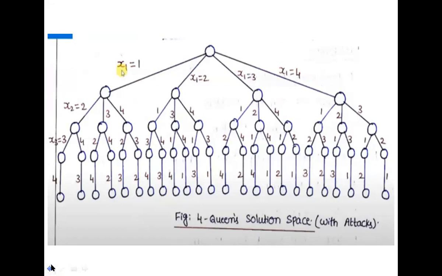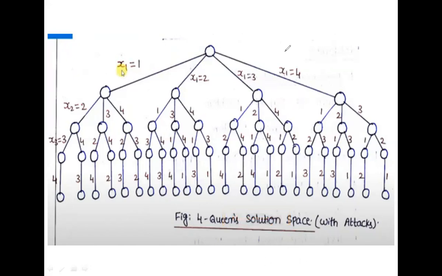So 1, 2, 3, 4 are our explicit constraints, and implicit constraints are that no 2 queens should be placed in the same row, same column, or same diagonal. Okay. I am constructing this tree without considering the constraint. So just remember that x1 is q1, queen 1.